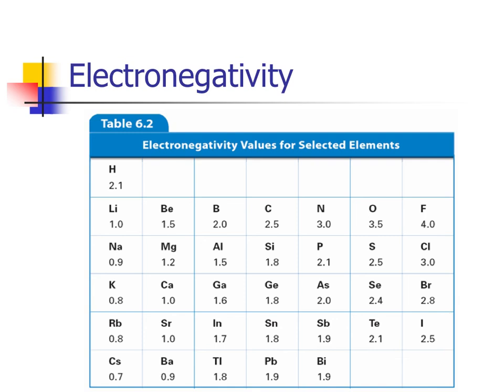So if atomic radius goes up, electronegativity value goes down. As we go from left to right on the periodic table, the atomic radius gets smaller. Because it's getting smaller, the electronegativity value goes up. So they're opposites again.